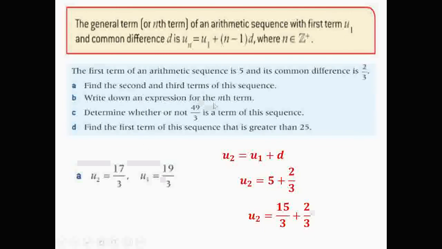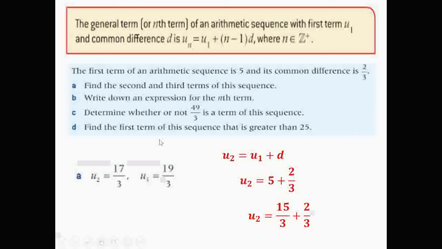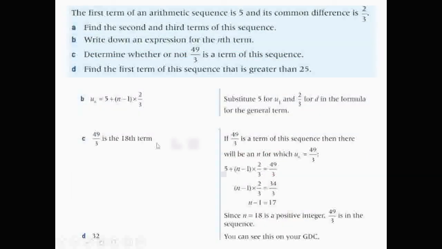Okay, what's the expression for the nth term? The nth term formula is this. There's u1 plus n minus 1 times d. Now we're deciding whether 49/3 is a term. Well, you can put 49/3 into the formula. So notice here we had the formula. We replaced the un with 49/3 because we're seeing if that is one of the terms.